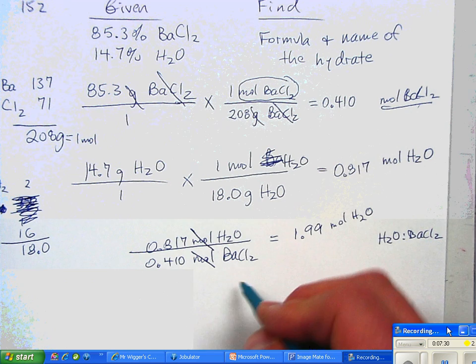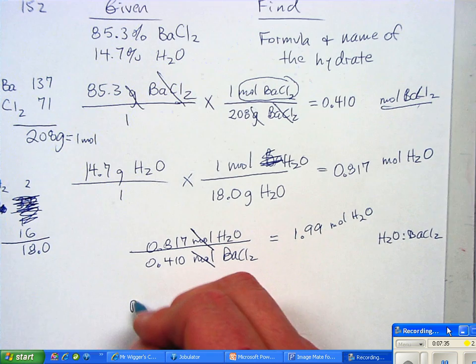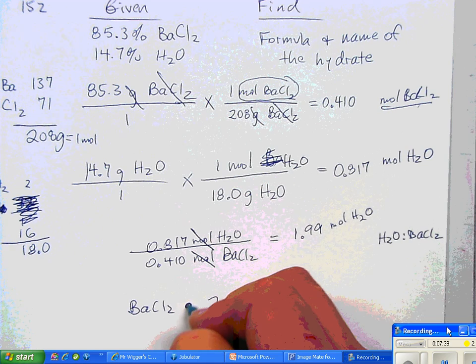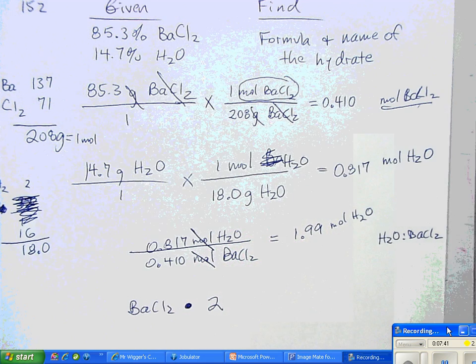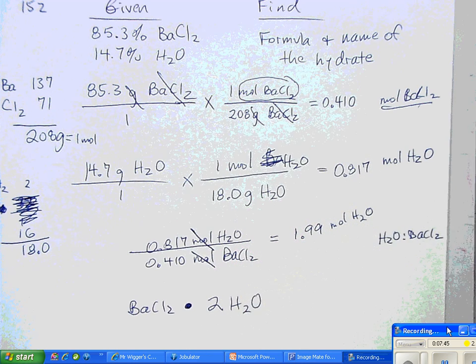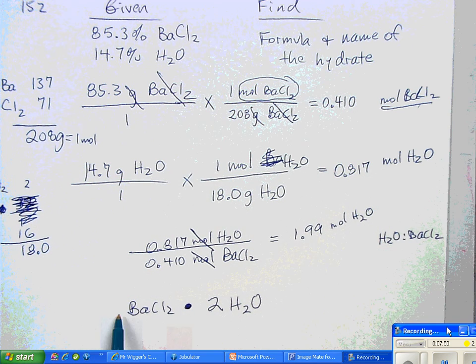Okay? And for getting this ratio, this is the ratio. And this will round to what number? 2. So it's barium chloride. This big thing, the big circle here, is always part of a hydrate. And we have 2 waters. And so our ratio of water to barium chloride is 2 to 1.